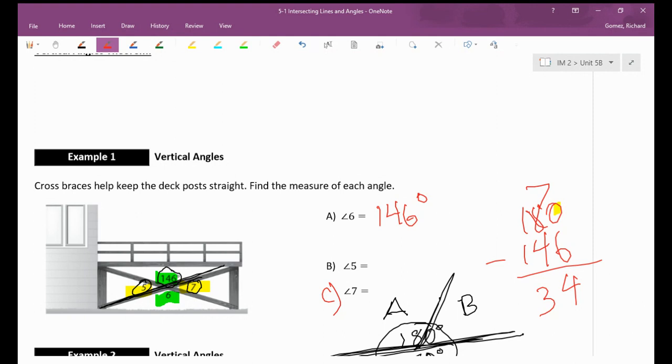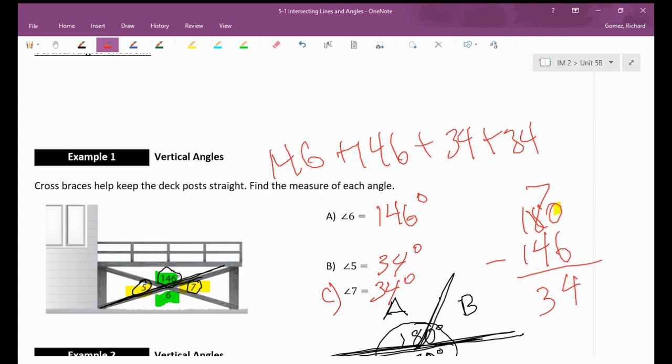So angle 5 and angle 7 are each going to be 34 degrees. So if we add them all up, 146 plus 146 plus 34 plus 34, that would give us 360 degrees.